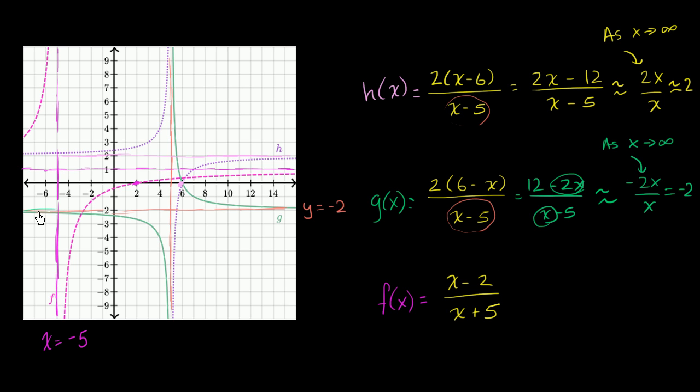And that is indeed where g's horizontal asymptote is. As x gets very large, we approach negative 2. Or as x gets very small, negative 2 times a negative billion over a negative billion is also going to be negative 2. So we can feel pretty good that this is our g of x.